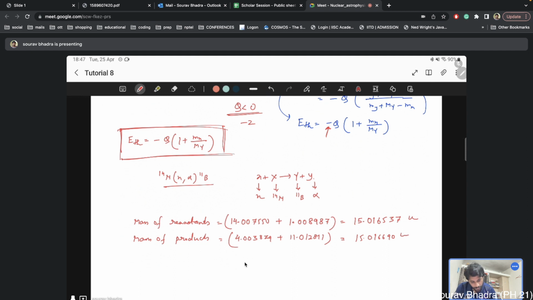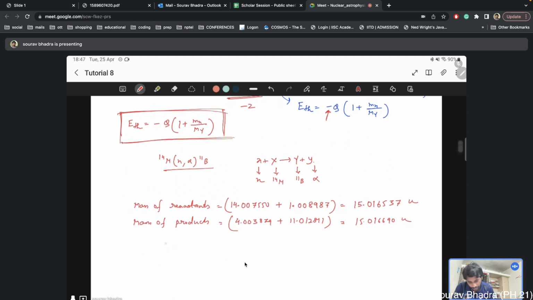That is 15.016690. Now if we calculate the q value, it will be 15.016537 minus 15.016690 u, which gives you minus 0.000153.